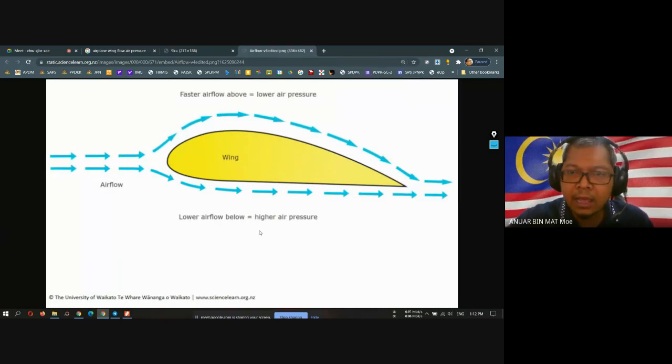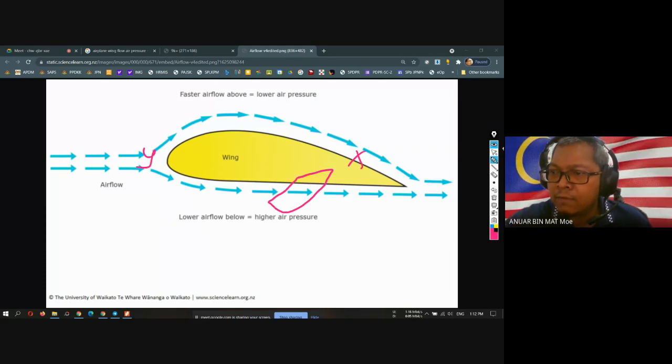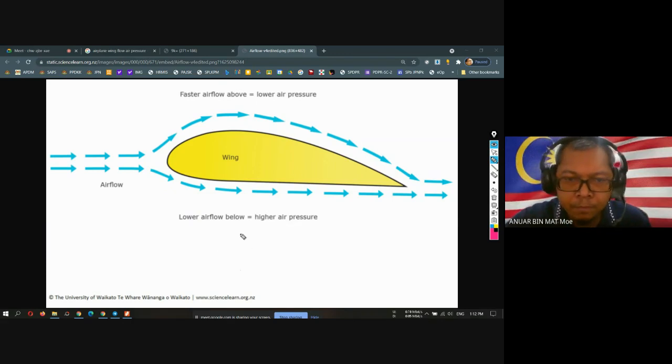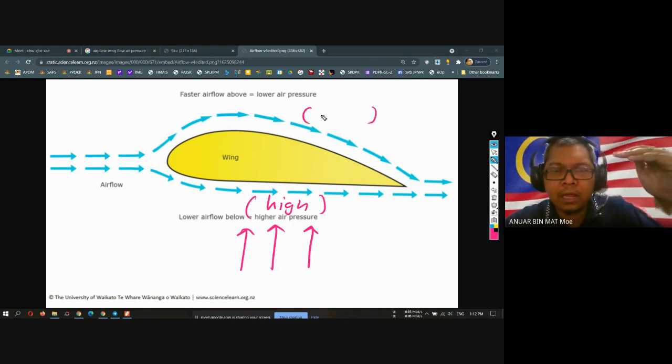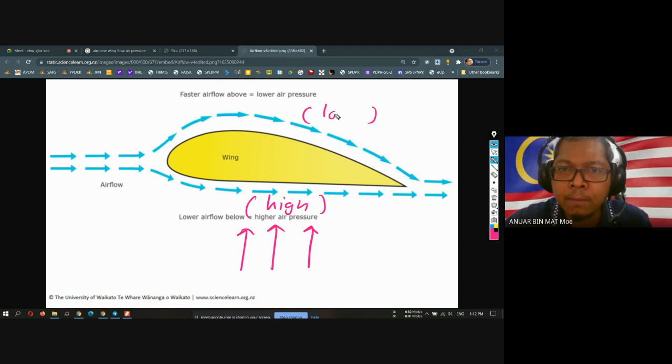The air below has higher pressure, and the air above has lower pressure. So what happens to the aircraft? The aircraft will lift. Because of the different air pressure, the bottom has higher air pressure, and the top surface of the wing has lower air pressure.